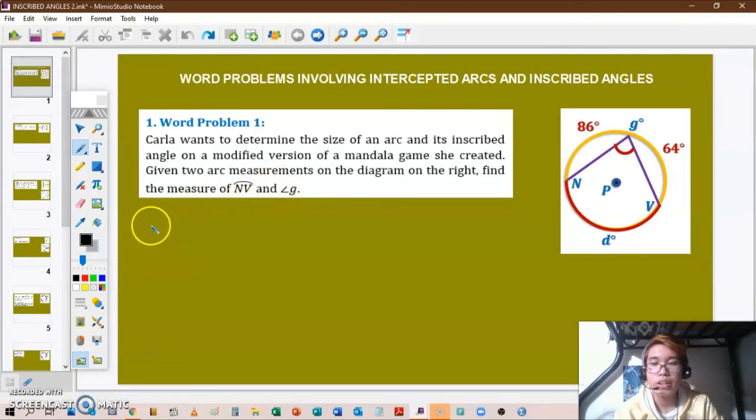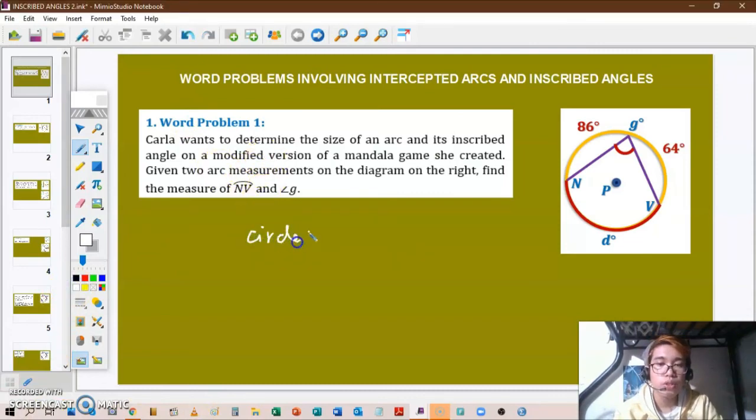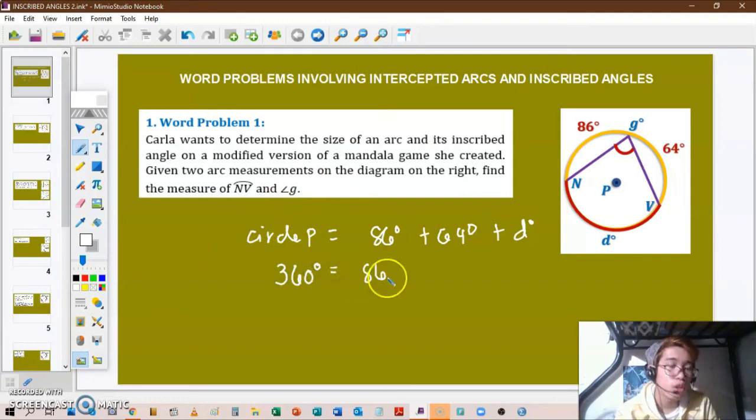Let's write our givens. On circle P, we have 86 degrees and 64 degrees. To get the measurement of D, we have to use the postulate that the total angle measurement of a circle is equal to 360 degrees. So 360 degrees is equal to 86 degrees plus 64 degrees plus D degrees.